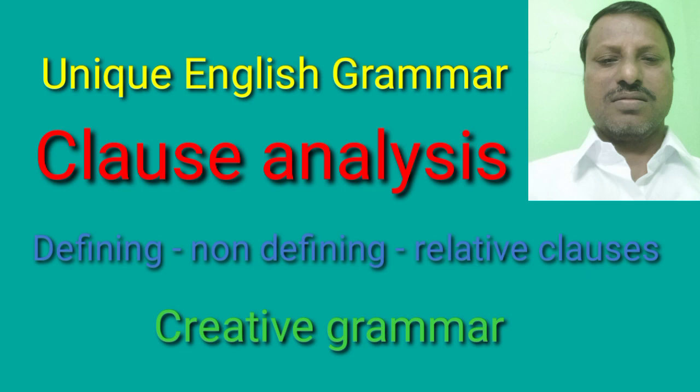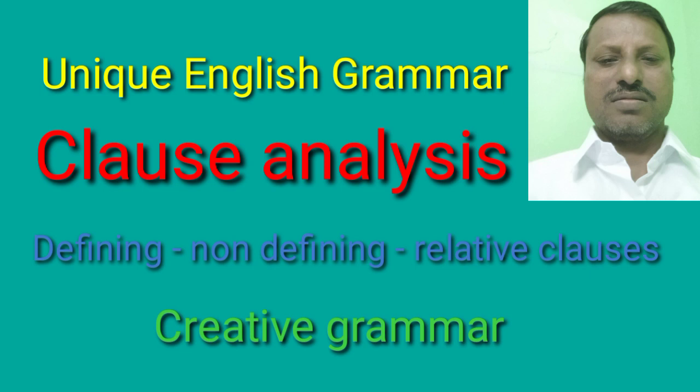Some uncles live in different areas, but those uncles are not lawyers. Only the uncle who lives in India is a lawyer. So here the clause defines the subject. It is the essential information about the subject.